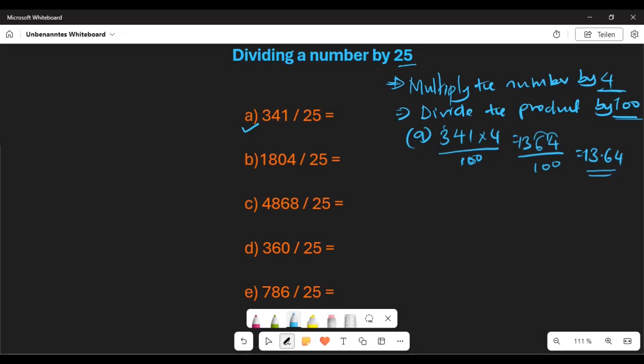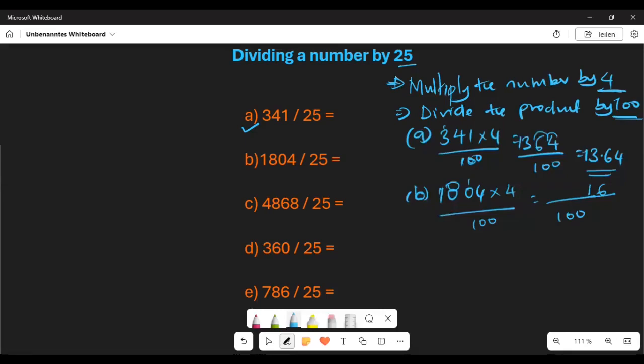Since you know this method, you don't want to be afraid of multiplying any number. So let's go to bigger numbers, like 1,804. The principle: we multiply that one by 4 and divide by 100. The denominator remains the same, 100, and now we want the numerator. 4 multiplied by 4 will give us 16. We carry 1. 4 times 0 is 0, then we add 1 to make 1.